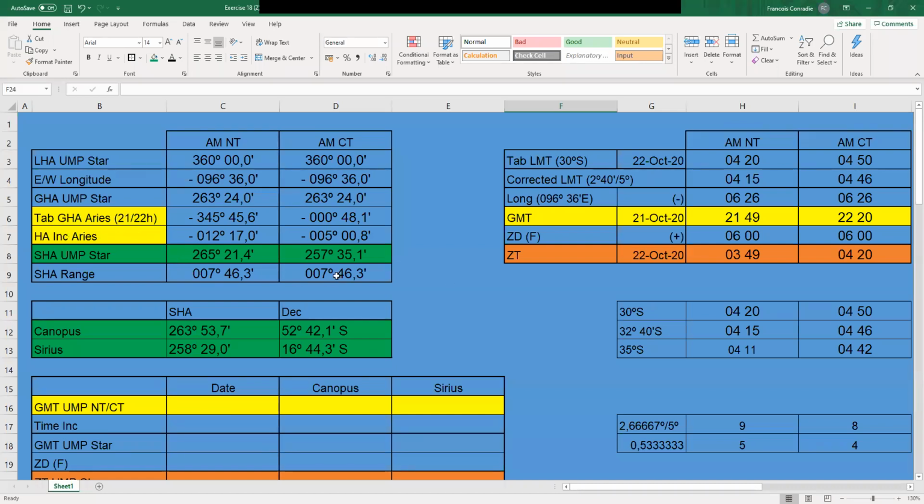So we've corrected it up to 2149. Do you agree? This value here, 265°21.4', is at 2149, not at 2100. So this time isn't going to be 2100, it's going to be 2149.